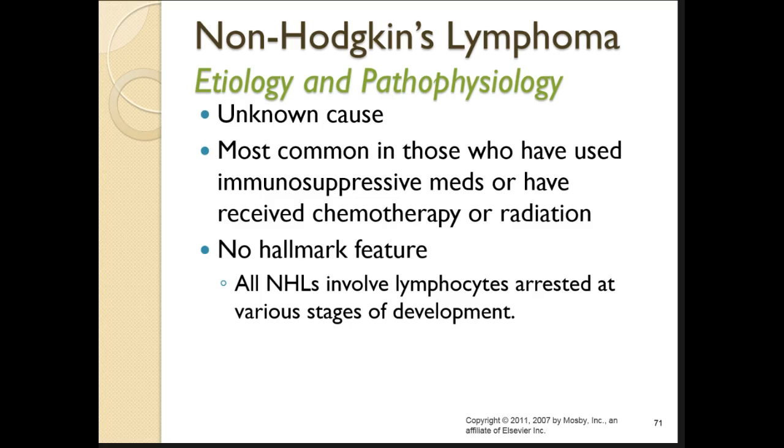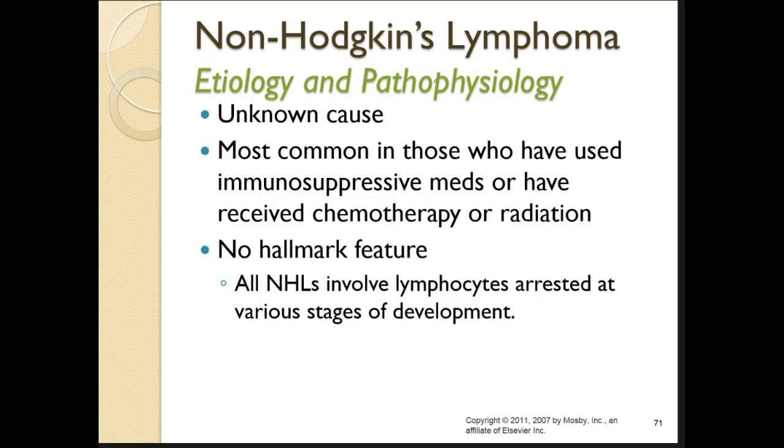Non-Hodgkin's lymphoma does not have a hallmark feature as that of Hodgkin's lymphoma. However, all non-Hodgkin's lymphomas involve lymphocytes arrested in various stages of development and may mimic a leukemia. For example, small lymphocytic lymphoma and chronic lymphocytic leukemia result from malignant proliferation of small B lymphocytes, with chronic lymphocytic leukemia having the majority of the disease within the bone marrow versus the lymph nodes.